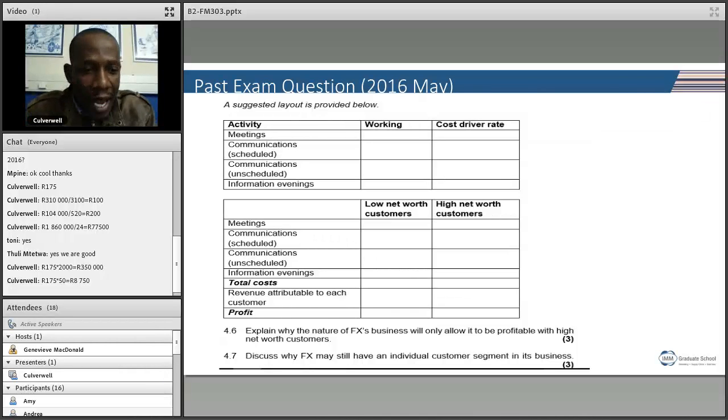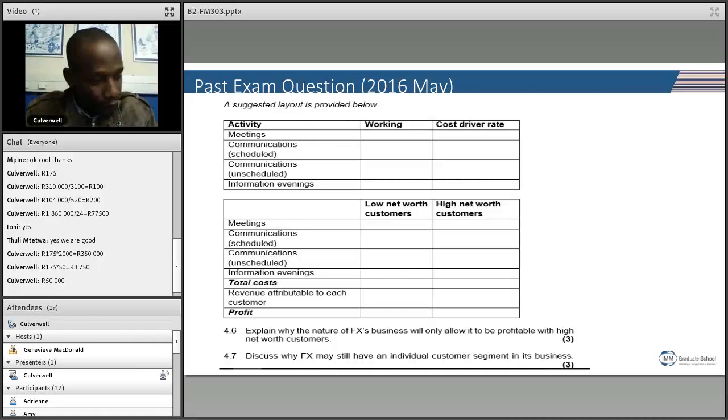So one is going to say 100 rands that we incurred in handling communications, multiplied by the number of those communications we have for low net worth customers, which are 500. 100 multiplied by 500 is going to give us 50,000.